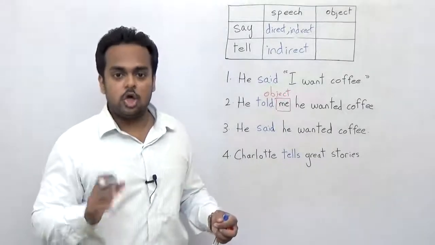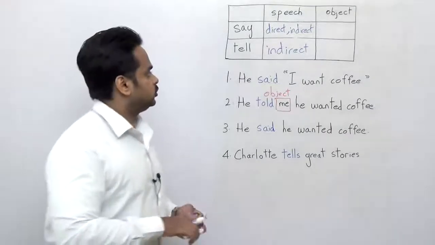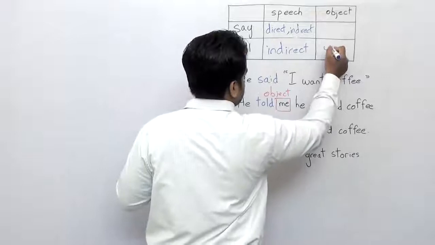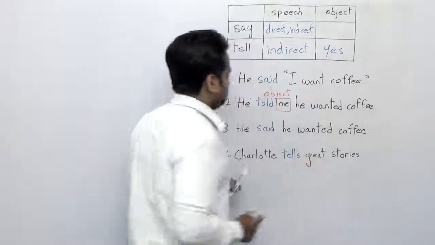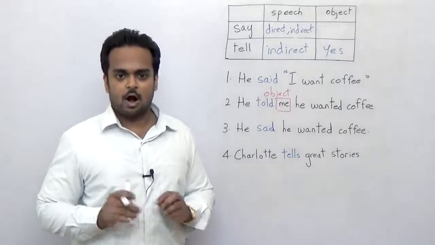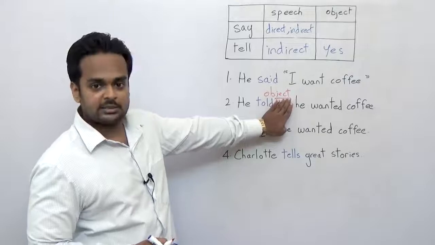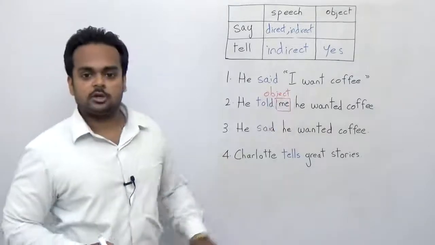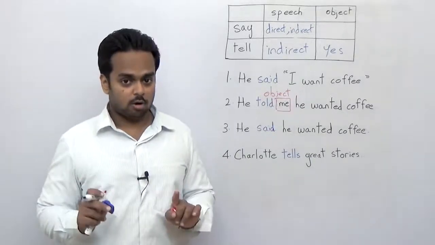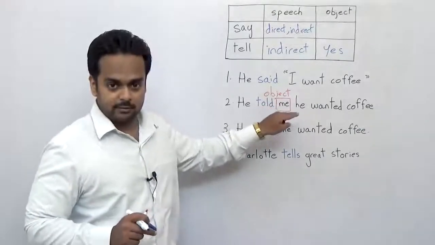But with tell, you always need an object. Okay, so object, yes, for tell. Some people will make a mistake, and it's a very common mistake. They will leave the me. They will simply say, he told he wanted coffee. No, it's wrong. He told who? So you need to put that information there.